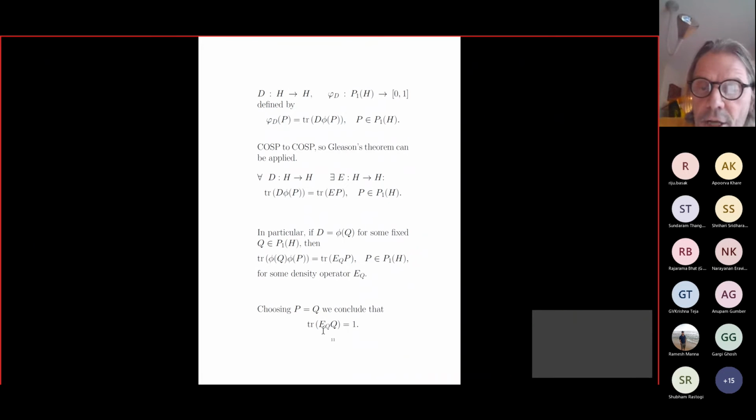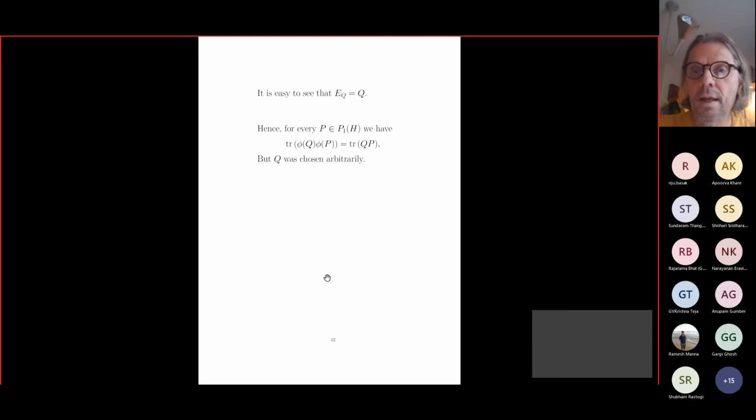But this is a density operator. And if I want to get the value 1, the only possibility is that E sub Q is equal to Q. This E sub Q has to be Q. So what do I get? I get this equation. Now, this holds true for every P projection of rank 1. I have chosen Q in an arbitrary way.